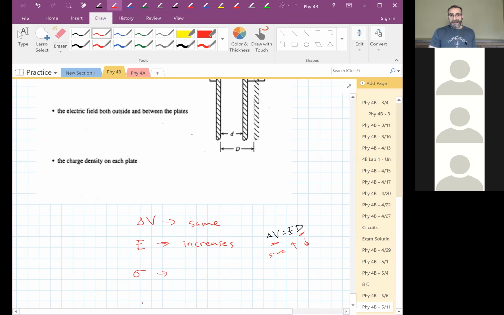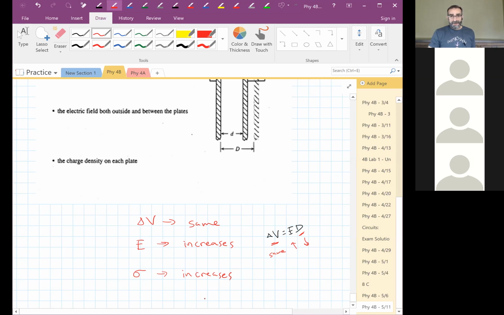What does E depend on? E only depends on one thing, sigma. So if E got bigger, what happened to sigma? It got bigger. Okay.